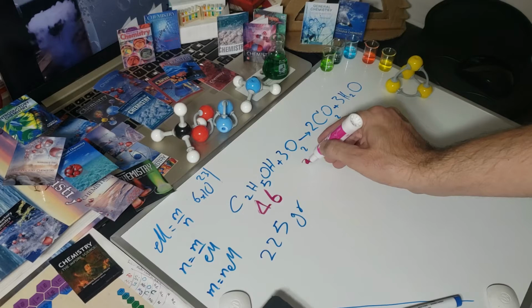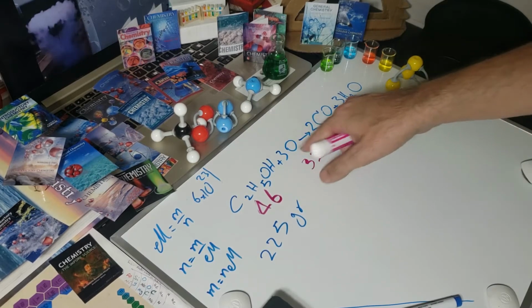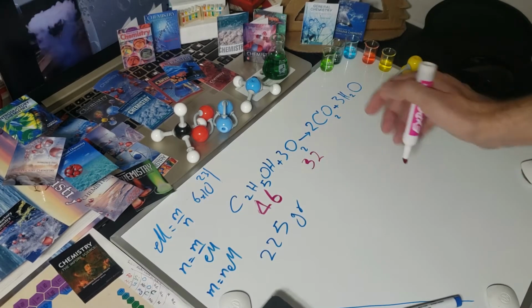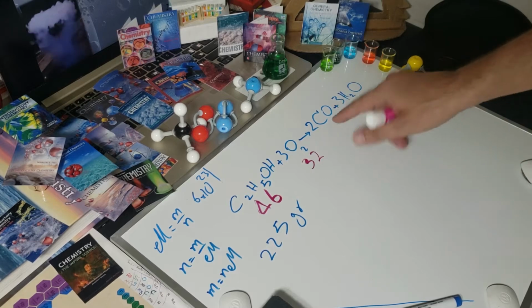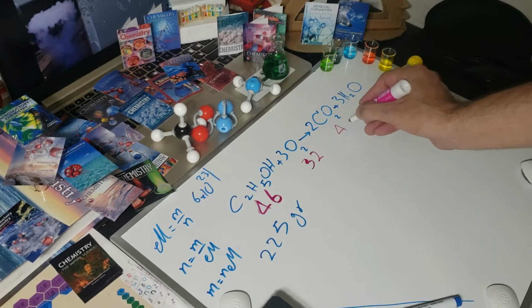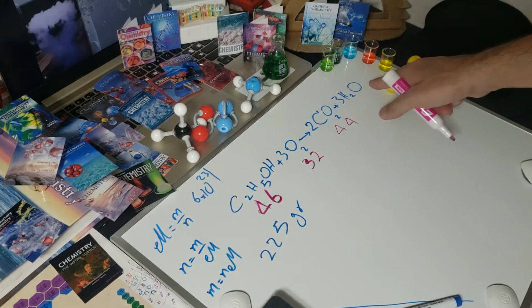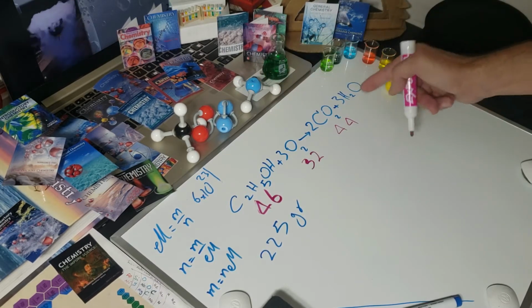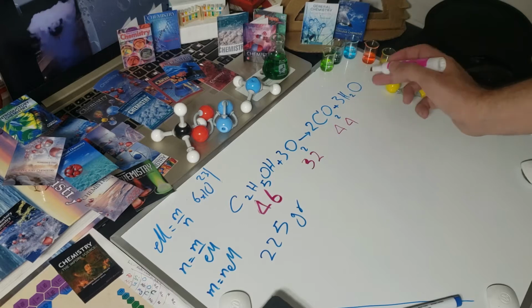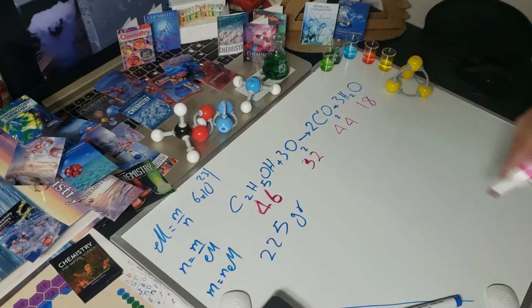Then 32 for oxygen, because 16 times 2, and carbon 12, 2 oxygens for CO2, that would make 44. And for water, oxygen is 16 and hydrogen is 1, so 2 plus 16, that's 18 grams per mole. So these are the molar masses.